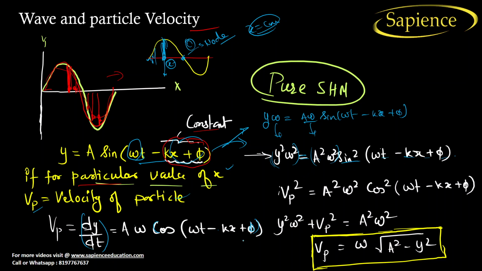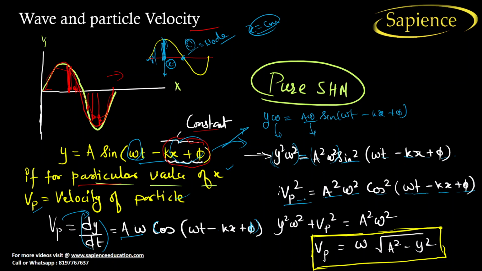Now we know the velocity of the particle squared: vp square is equal to a square omega square cos square omega t minus kx plus phi. Why? Because if you square both the sides, you will get the velocity like this.